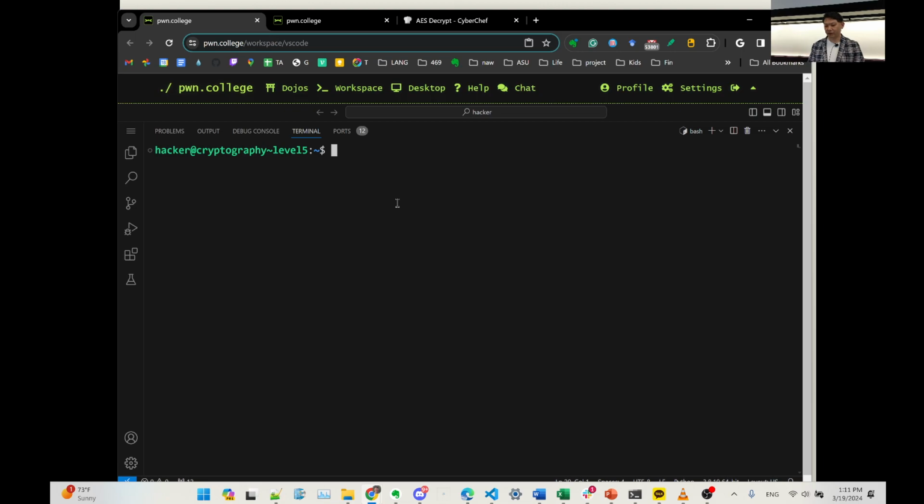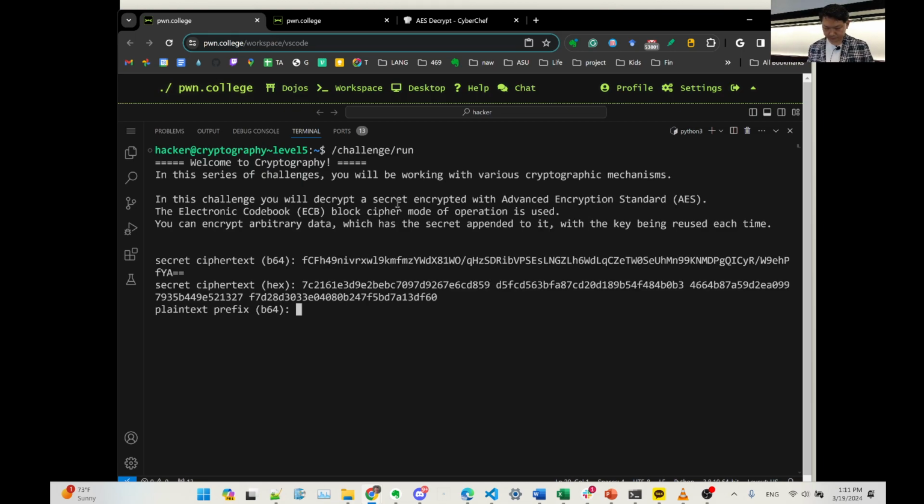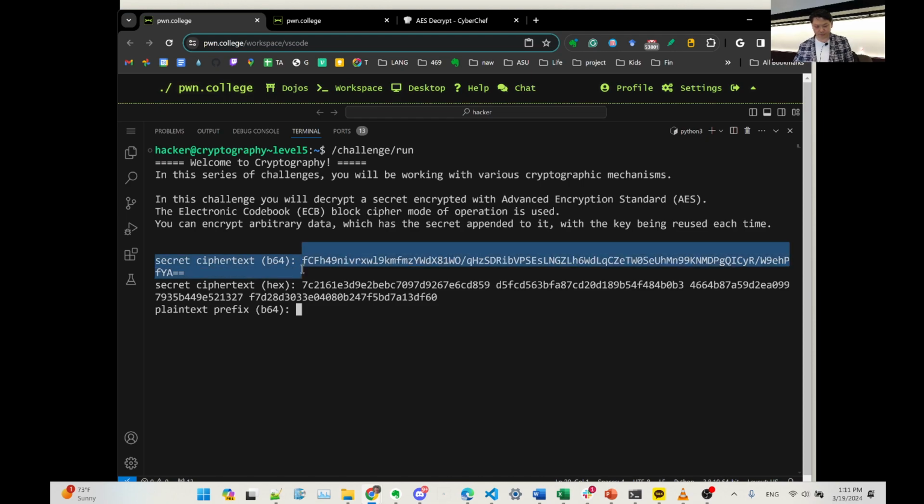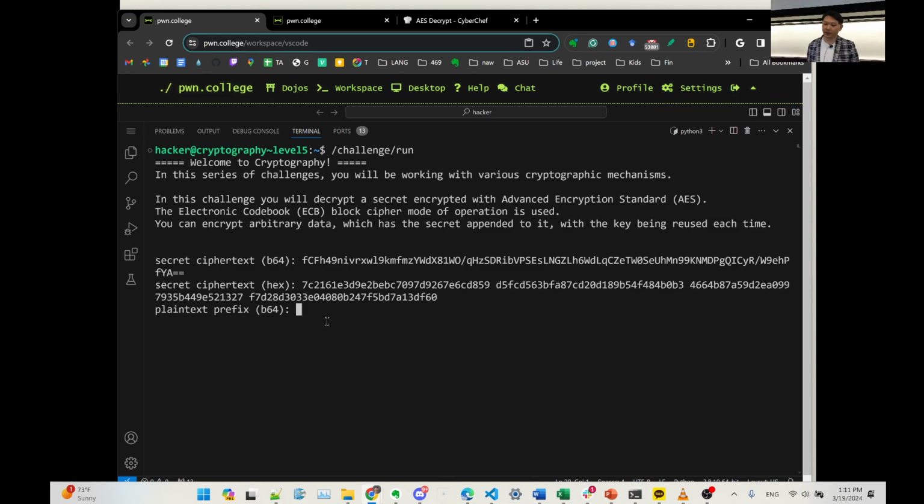I just want to show the challenge run. They show the secret ciphertext and also the hex value of this ciphertext with four blocks, right? One, two, three, four. Each block is 16 bytes.